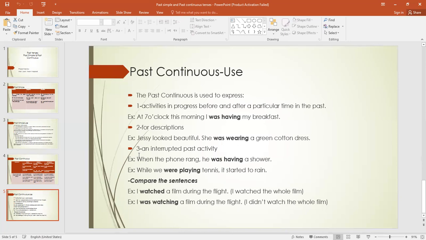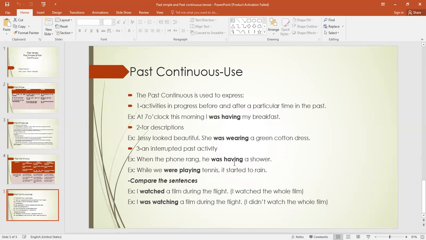Also, we have an interrupted past activity. ممكن أيضا نستخدمه طلاب لفعل ماضي آخر يقاطعه فعل آخر. يعني نستخدمه فعل ماضي معين يقاطعه فعل آخر يحدث في الجملة. Like what? When the phone rang, he was having a shower. أوكي، هذا الفعل اللي تمت مقاطعته.